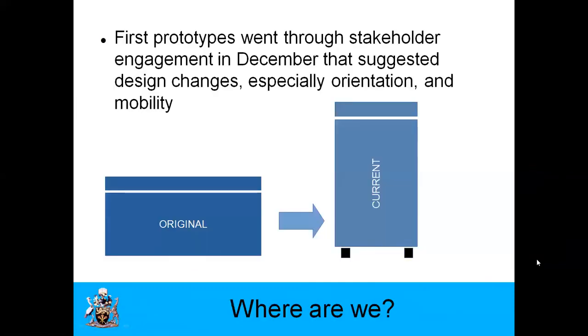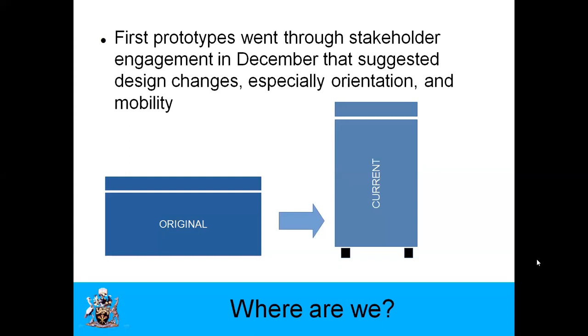Then we had a stakeholder engagement on this with members from the medical community in December. They made several suggestions on the design. The key one was on the orientation, that the original just occupied too much space. The original also required you to carry it. It didn't have wheels.